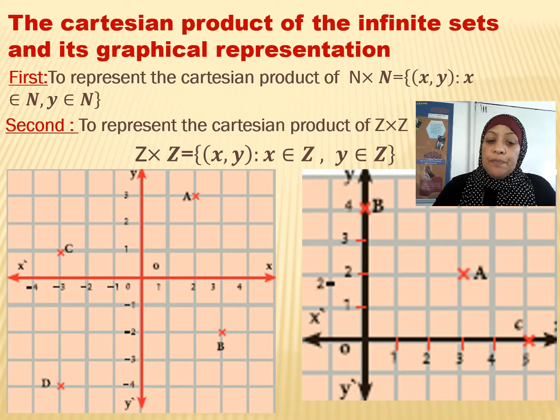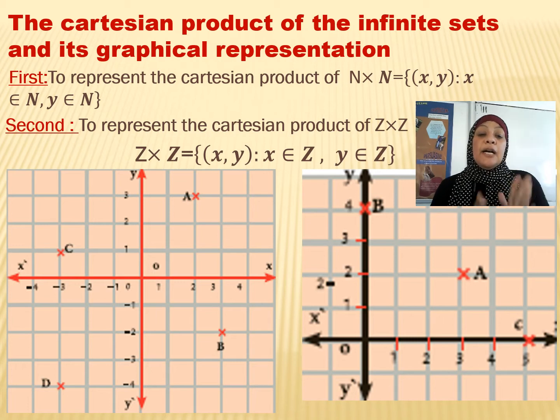When you use the whole numbers in the graph, positive and negative, but whole only, and 0, it means I use Z product Z. Okay? This year in Prep 3, which one am I going to use? N or Z?